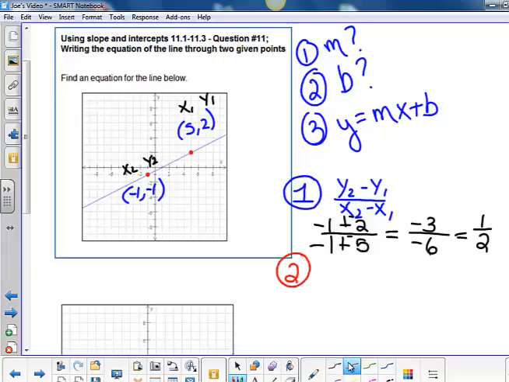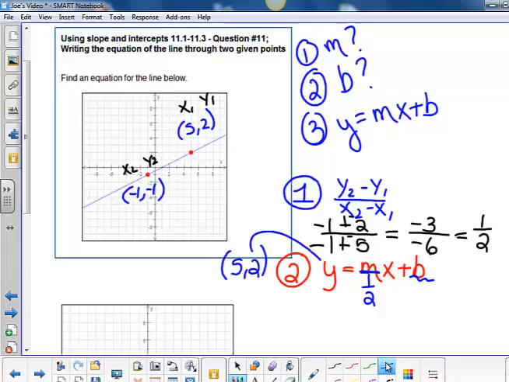Now let's figure out what b is. So I'm going to use this equation, y equals mx plus b. I'm going to try and solve for b. b is what I need to find. I know the slope is 1/2. Okay? I don't know what x and y is, but I can use either point. So I'm going to use the point 5, 2, and substitute those values in for x and y.